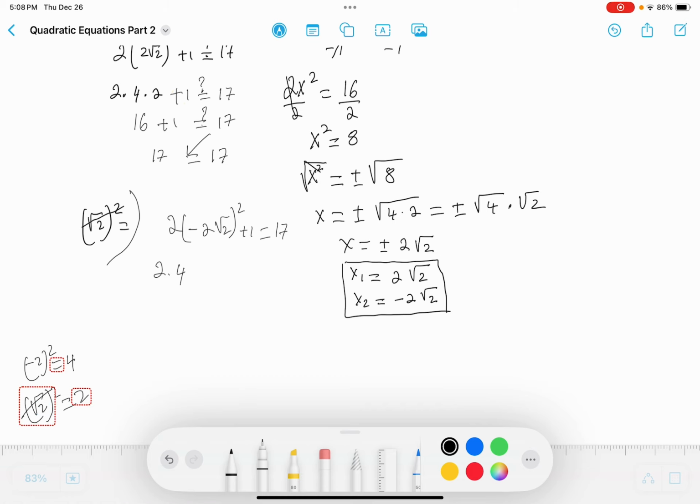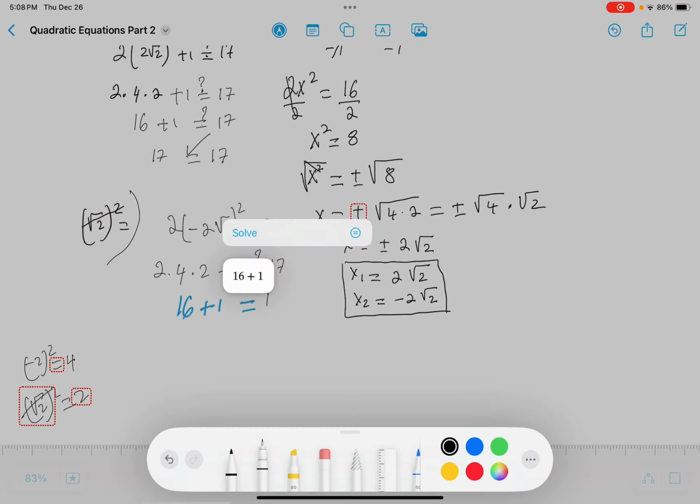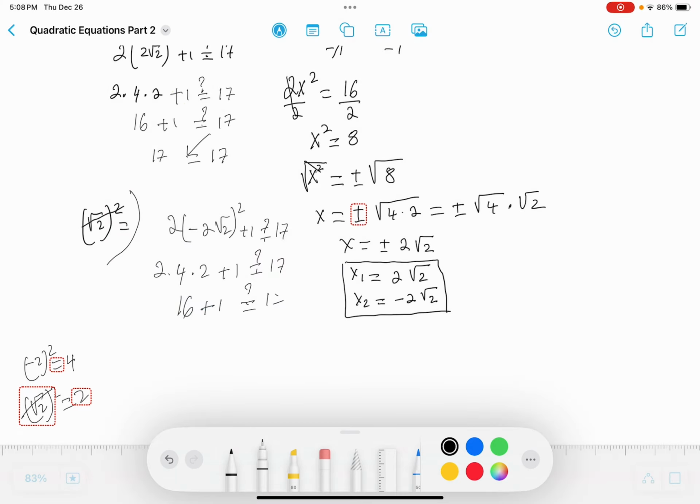So it will be times 2, then plus 1. Is that equal to 17? I'm checking. 2 times 4 will be 8. 8 times 2 will be 16. Plus 1. Is that equal to 17? 16 plus 1 is 17. 17 on the left equals 17 on the right. That means the answer is correct.